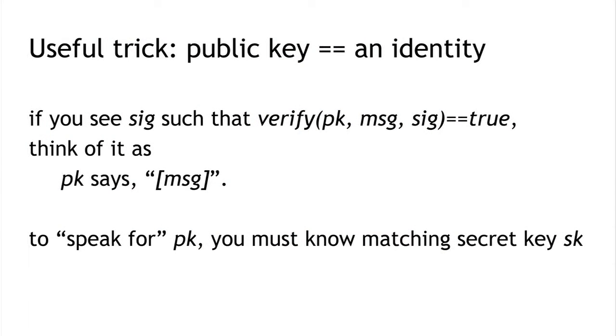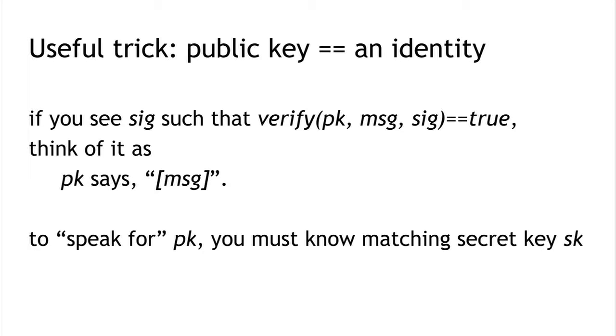The useful trick is this. The idea is to take a public key, one of those public verification keys from a digital signature scheme, and equate that to an identity, that is, an identity of a person or an actor in a system. So if you see a signature that verifies correctly with someone's public key as a signature on a particular message, then you can think of that as that public key saying the message.